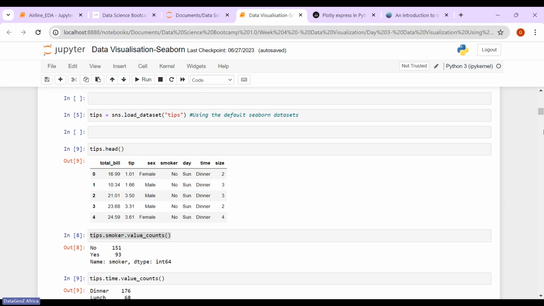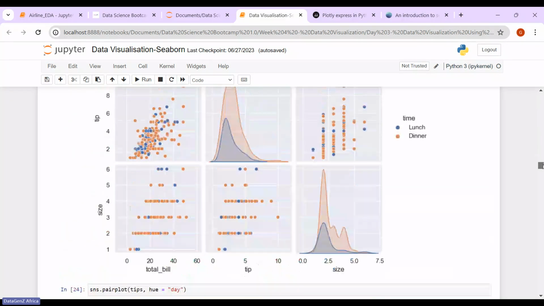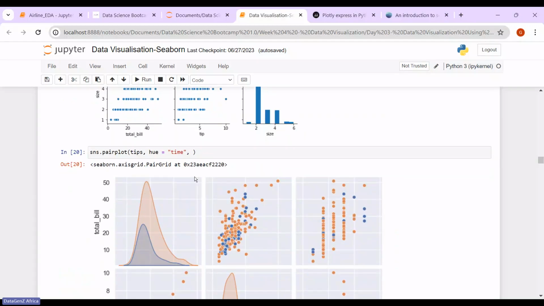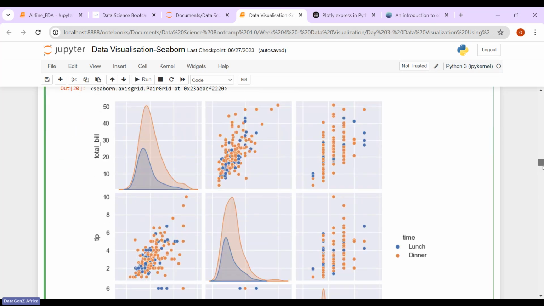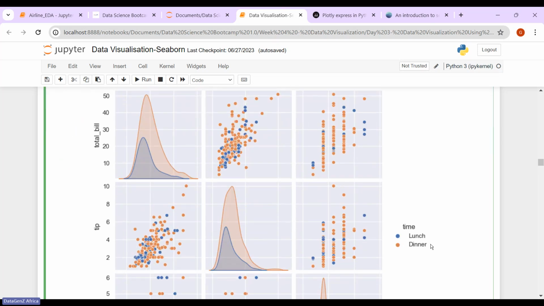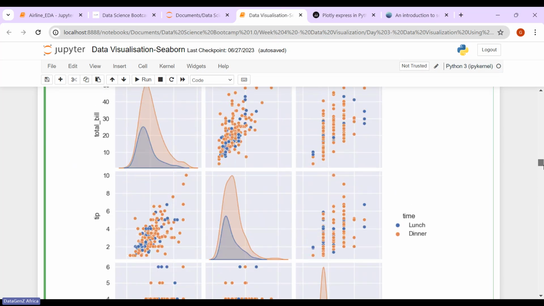So you can also use a pair plot to show that relationship. In this case, you're setting the hue as time. The time column shows whether they ate during lunch or during dinner.